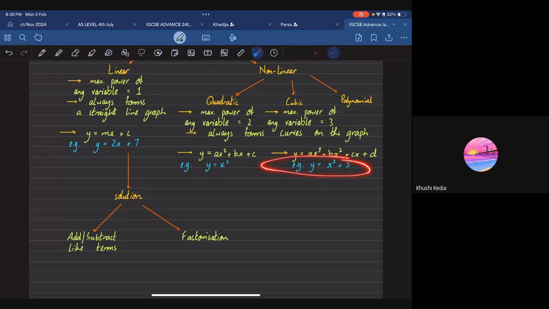Again, this is a cubic equation, regardless of the fact that there are no other terms, it could be 3x maybe. Anything. But as long as the power is 2 and 3, that is how you're going to get along with it.